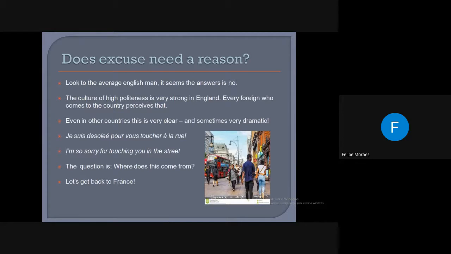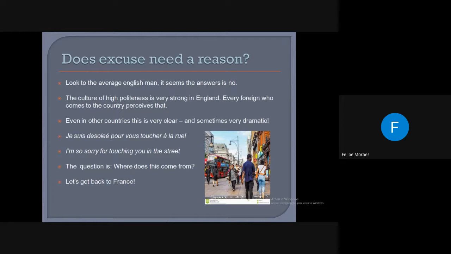I say, look at the average Englishman. It seems the answer is no, because in England and in most places of Europe, people are very polite. Okay, so if every Brazilian that goes to England or to foreign countries would normally say that people are a little bit polite, especially in England.